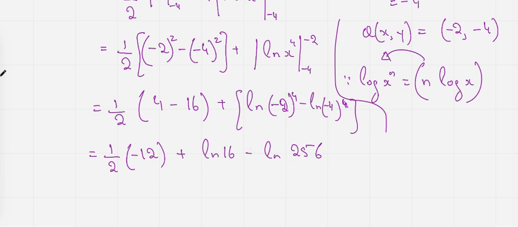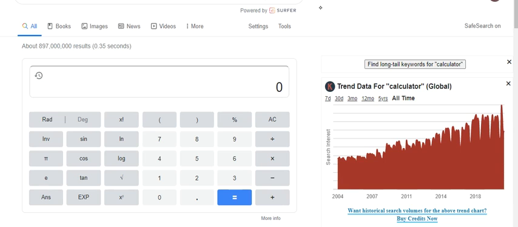Now you can activate your calculators. This is going to be minus 6 plus ln 16 minus ln 256. Let me open my calculator, there you go. So it is ln of 16 minus ln of 256.